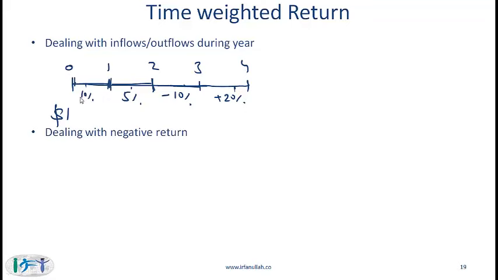And the calculation is straightforward. We multiply this by 1.1, because if there is a 10% return in the first quarter, then the dollar becomes equal to dollar times 1.1, which is 1.1. And then we multiply by 1.05 because there is a 5% return, and then multiplied by 0.9 because we have a 10% decline.